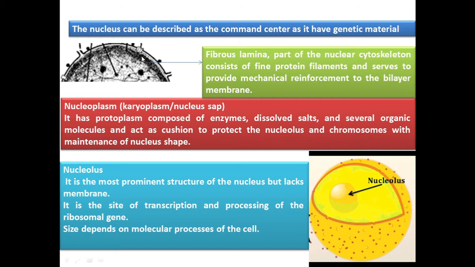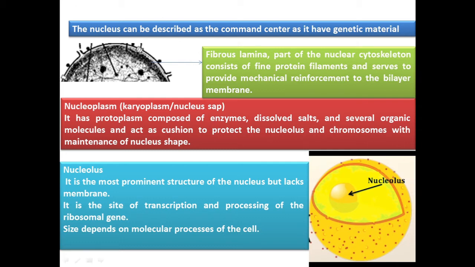There is another layer below the inner nuclear membrane. That layer is known as the fibrous lamina. This fibrous lamina is made up of protein filaments, and these protein filaments are in a very condensed form and act as a cytoskeleton. Now we all know what the function of a skeleton is.